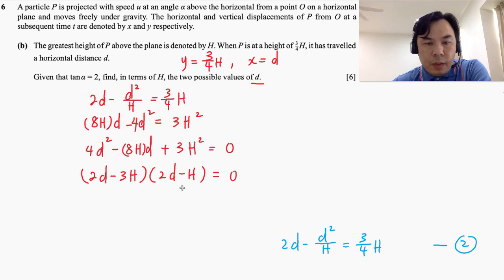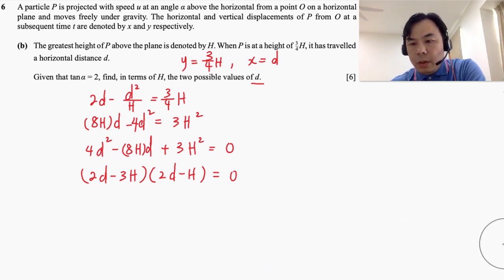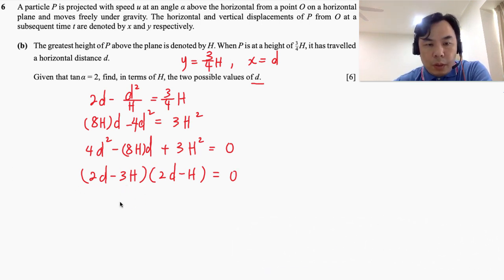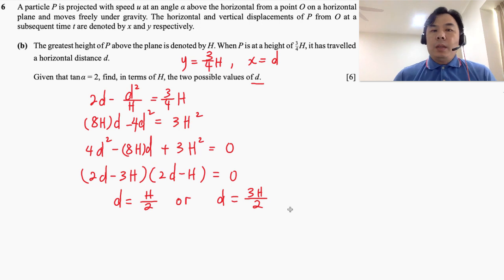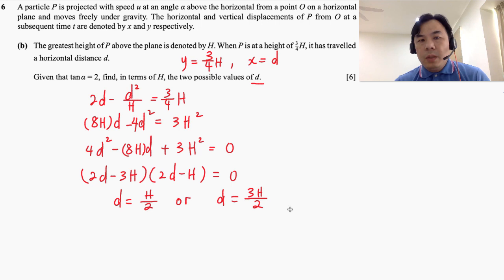Let me erase all this. From here, we found that our d must be h. Let me arrange it in ascending order. So d could be h, or d could be 3h over 2. There you have it. These are all the possible displacements with respect to the origin O.